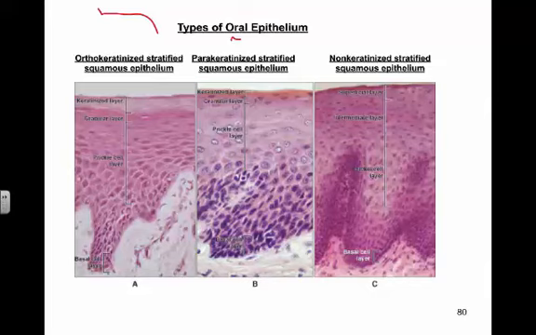In the orthokeratinized, that's more or less what I've taught to you. The superior cells are shed in what we call squames. They're flat, they're long, they're dead. Okay? So it is really dead tissue lining the layer of epithelium here, granular layer. In parakeratinized, a little bit different.